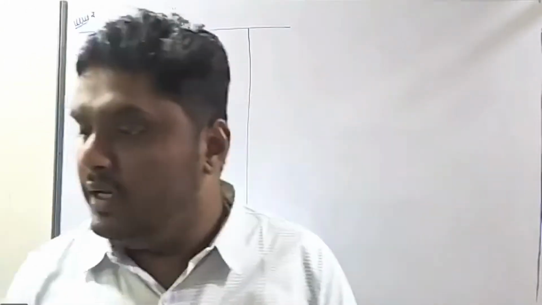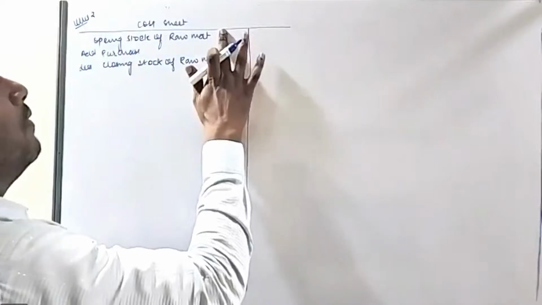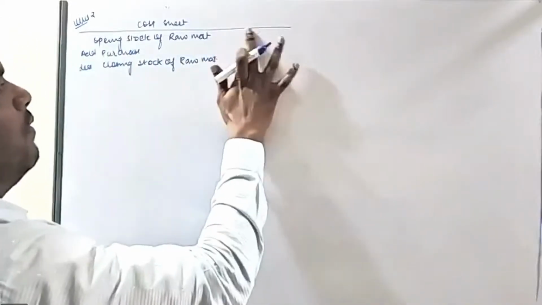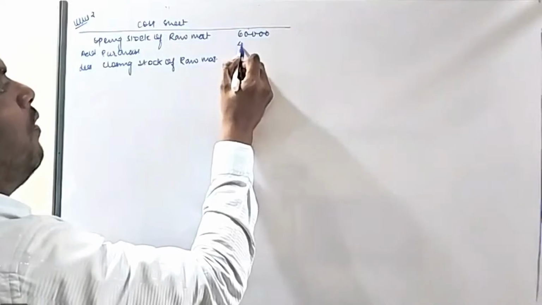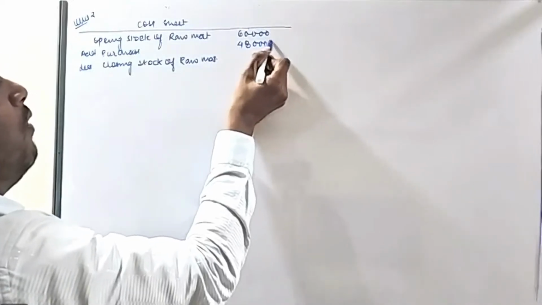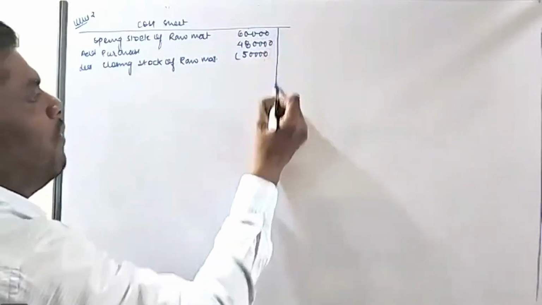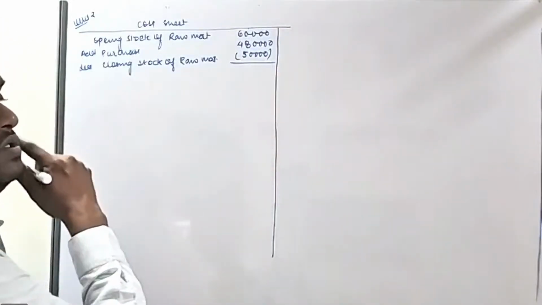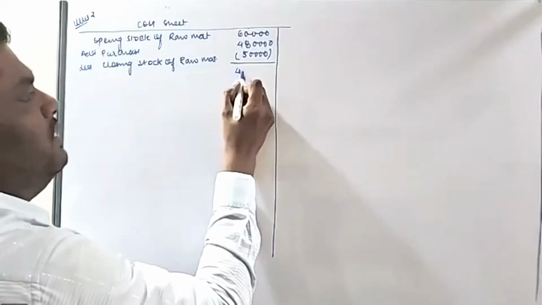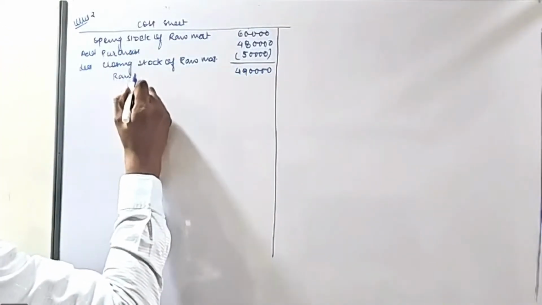My opening stock is 60, my purchase is 480. So this will be 4,90,000. This is what my raw material consumed.